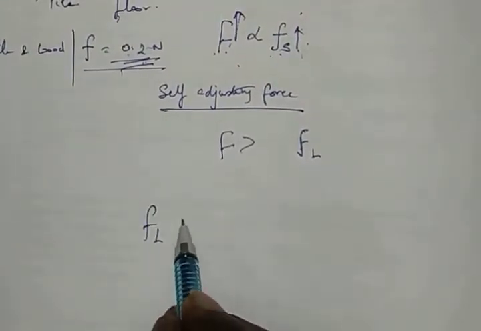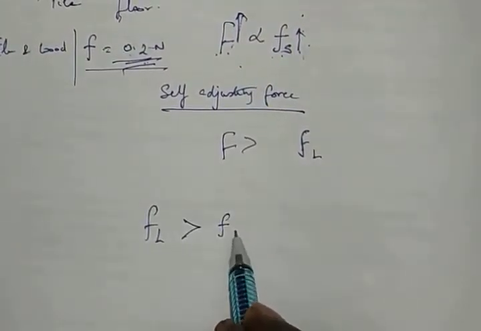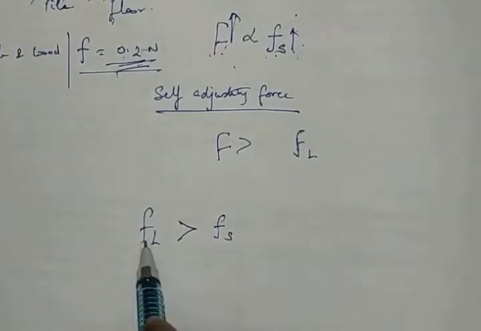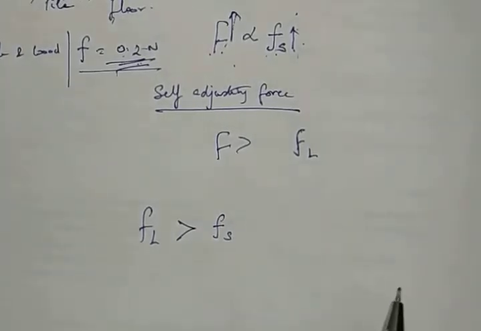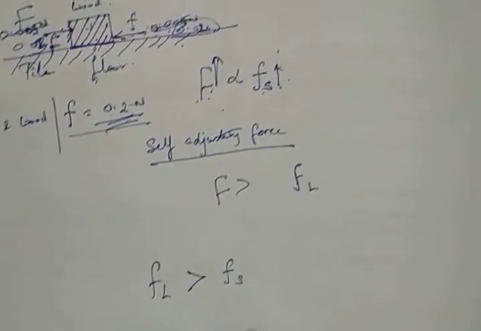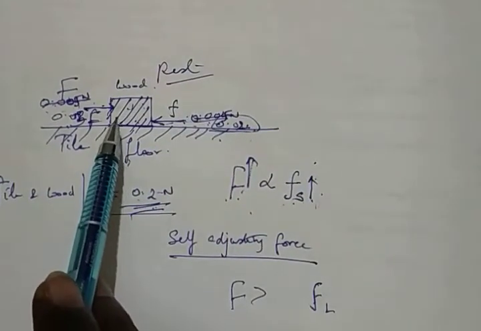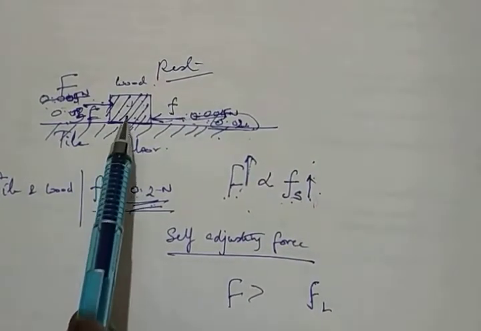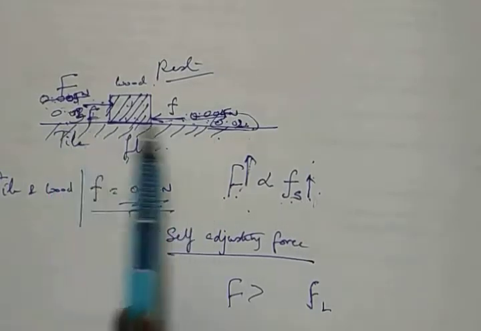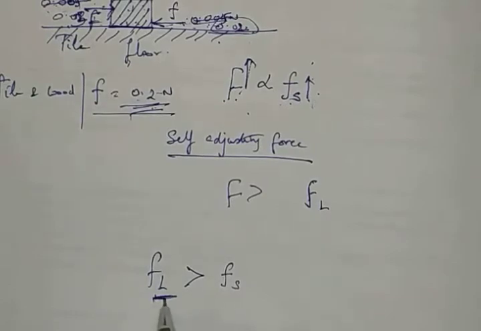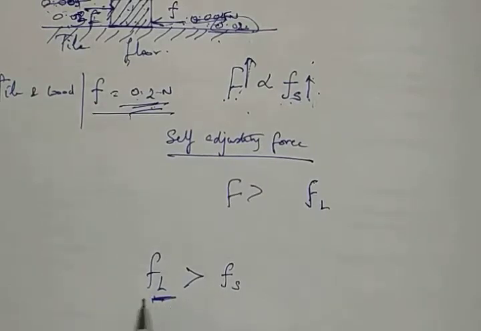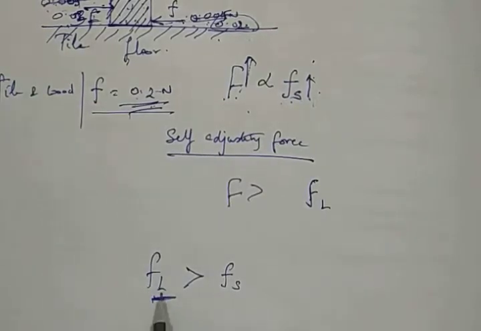FL is much greater than Fs. FL is the maximum friction which it could just apply so that the body will try to stay here itself. That's what inertia says. It doesn't want to move, but the external force is so much greater and the body has to move. So the limiting friction is the maximum frictional force it would have applied so that the body will not try to move. That is called limiting friction.